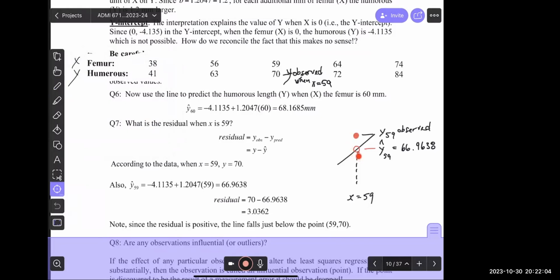This is the predicted value. So if we calculate the residual, it will be positive because the observation was above the prediction. And we want to get the residual, which is the distance between them. So when you make the calculation, the residual is 3.0362.